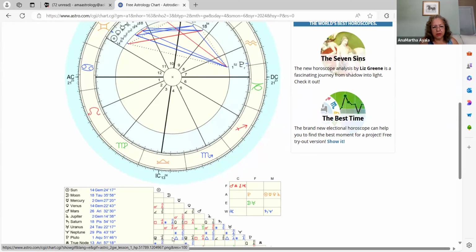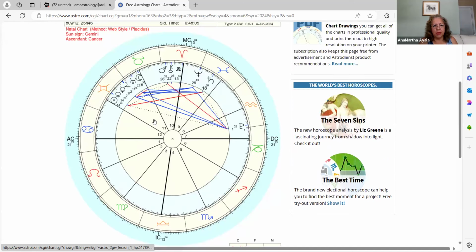And the sextiles, okay, so we have the moon sextiling Saturn. So let me show you up here. We have the moon in a sextile to Saturn. And it's exact too. For sextiles, you have to have a really tight orb, and an orb is the difference between, let's say, this number and the next number, right? So if this is exact 18 and 18, so this is 36 minutes and this is 54 minutes.